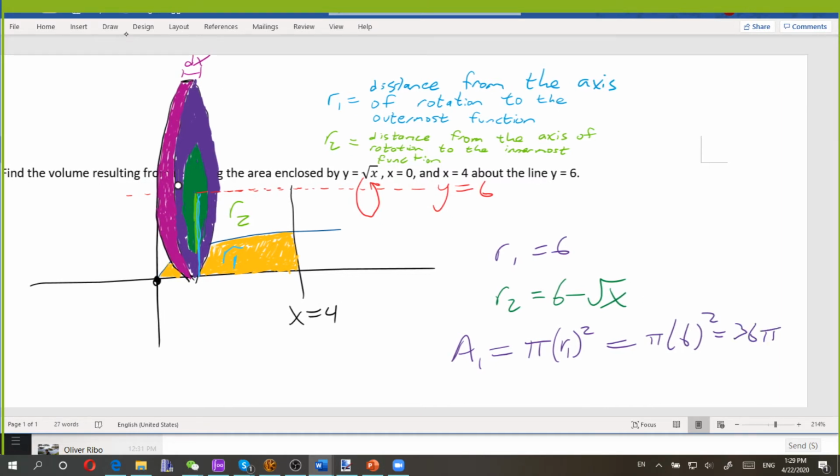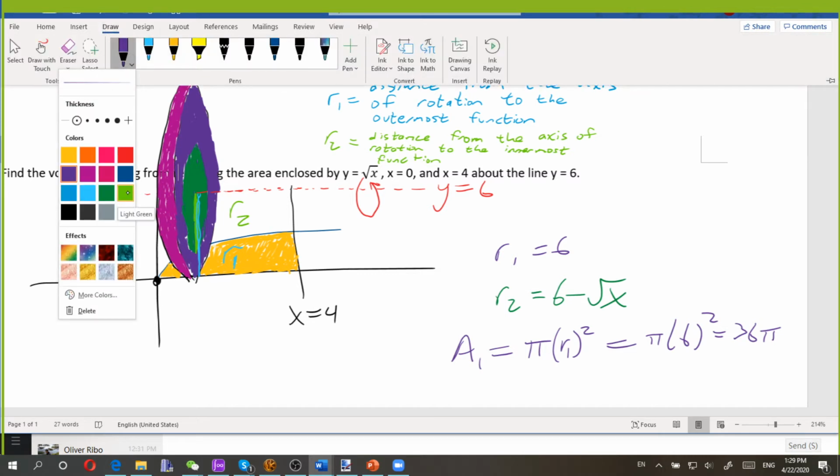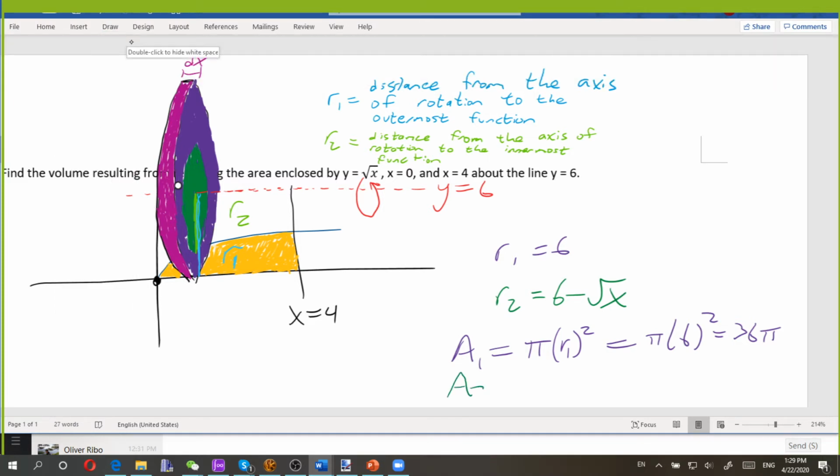Okay, that disk does not change no matter where we are as we go through this yellow area. So that does not change based on our x value. But our second area will. A2. Jenna, what's our second area? Pi r2 squared.